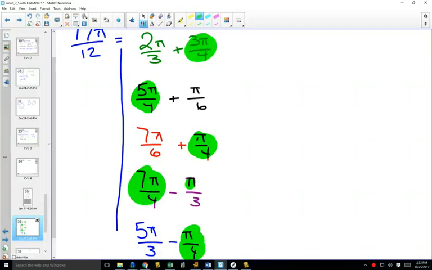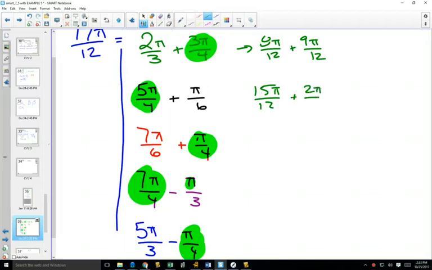The reason that happens is because when you make these over 12, like the first one, the green one, can you see that this is 8 pi over 12 plus 9 pi over 12? And the second one would be 15 pi over 12 plus 2 pi over 12.